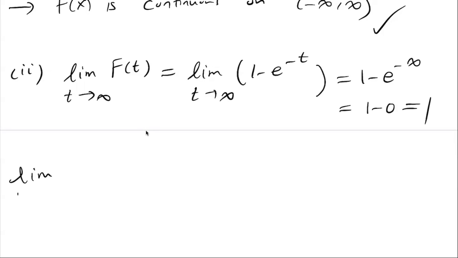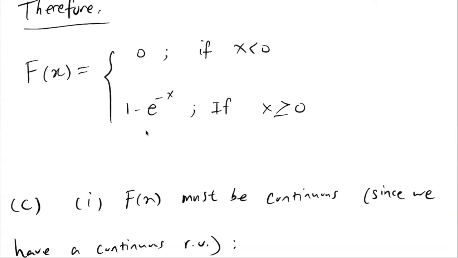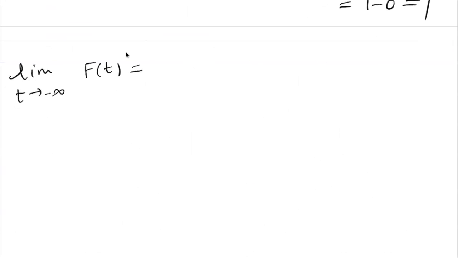And similarly, for the left limit, limit t goes to minus infinity, I have to use the first formula here, because for x less than 0, I have to use this formula, and the function will be the constant function 0.